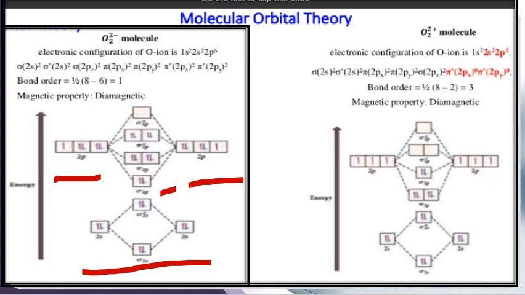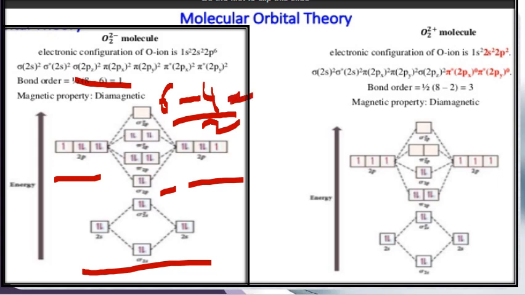Now here it comes. It will have how many electrons in total? That is 10. Find out the bond order for this. What will be the bond order? Number of electrons in the bonding molecular orbitals, that is 6, minus number of electrons in the anti-bonding molecular orbitals, that is 4, divided by 2 will give you how many?